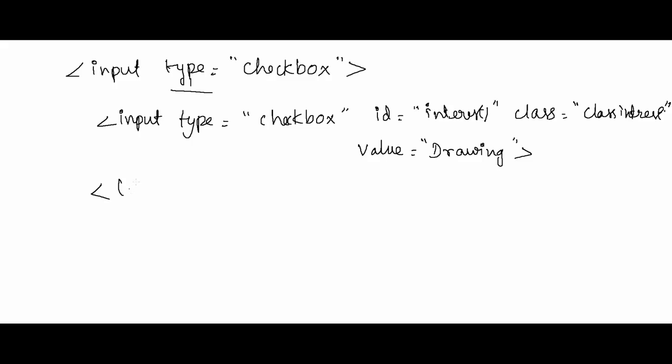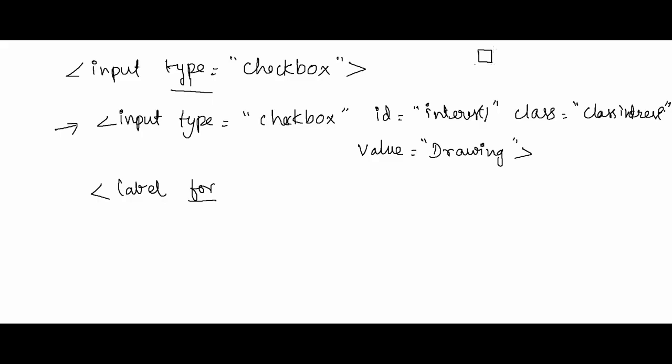So label. The attribute of label is for. Label means the title with this checkbox. After executing this input type line, we will get one checkbox like this.